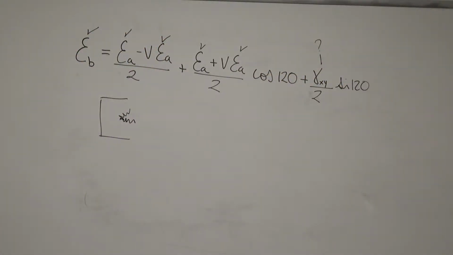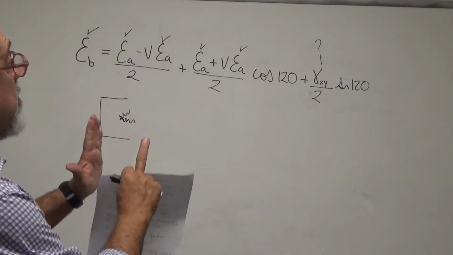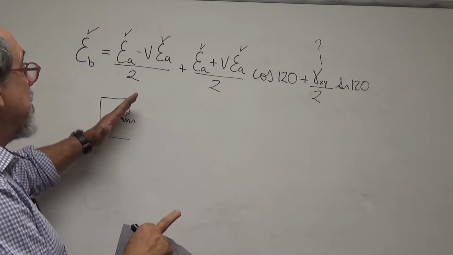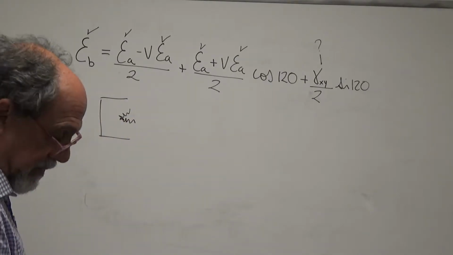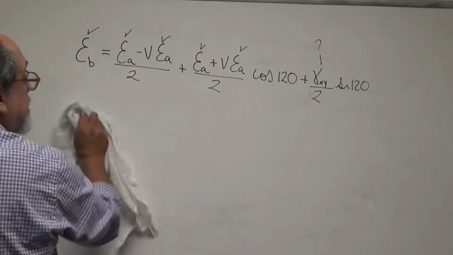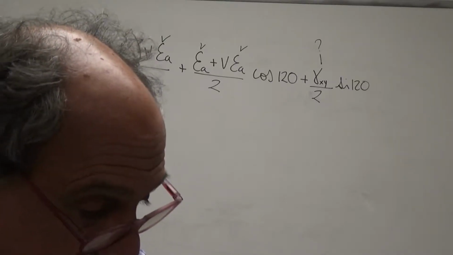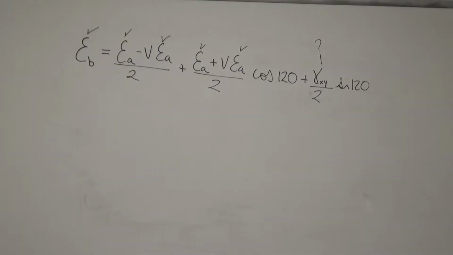Therefore, I can find out what is the shear strain in the xy element because I was able to measure the strain in another direction. Okay, now if we do that, let me see if I solved for it. Yeah.